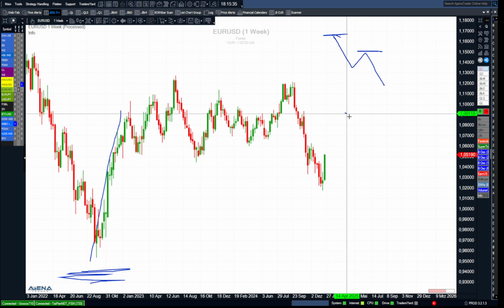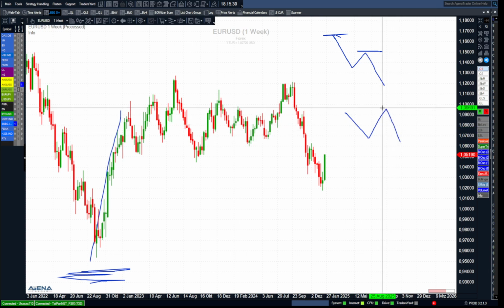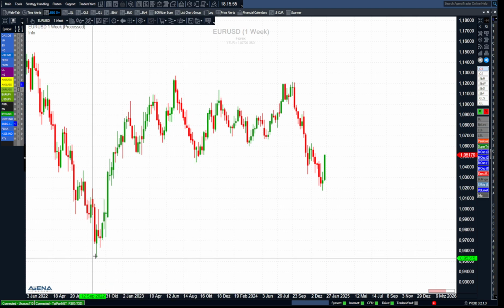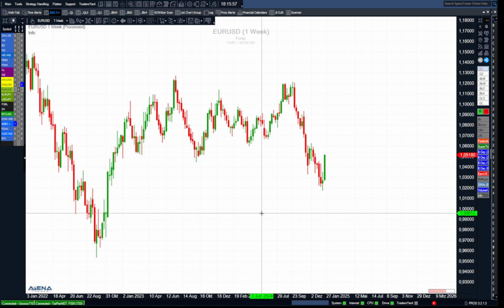In a sideways correction, you also have a 3-wave pattern, but you can see that this point is maybe the same, sometimes a little bit below, sometimes above the point where the correction started. So in this case, it is quite obvious. It looks very much like a sideways correction, but to be honest, we don't need to dig too deep into the details.